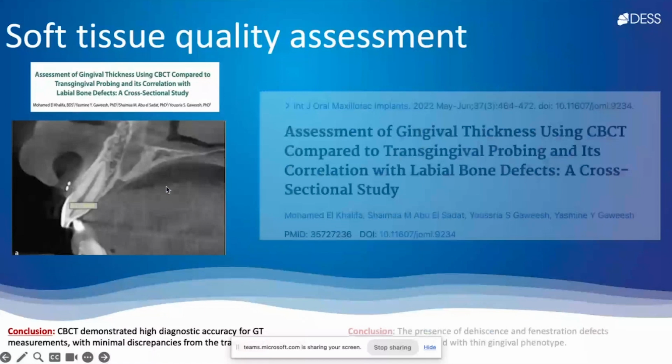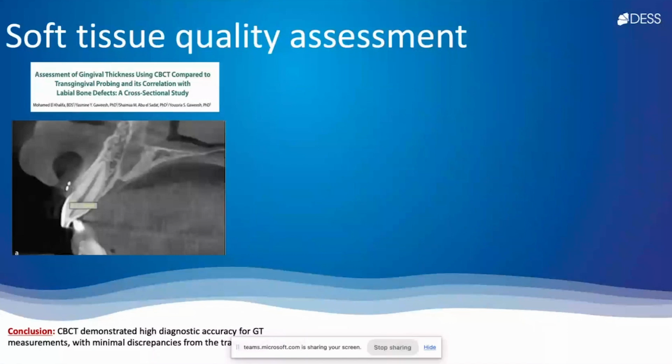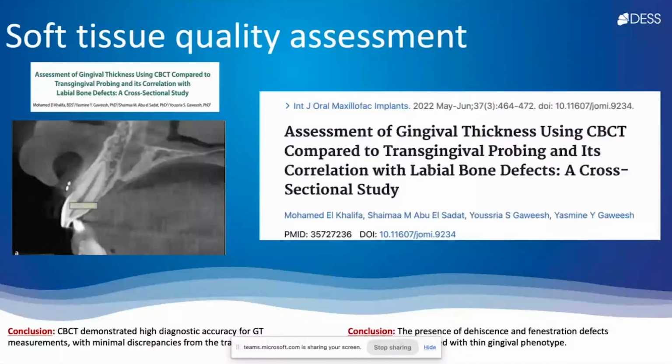During our research, we found that most people who have thin gingiva are usually liable to dehiscence and fenestrations, and that's why we have to be concerned for such cases.